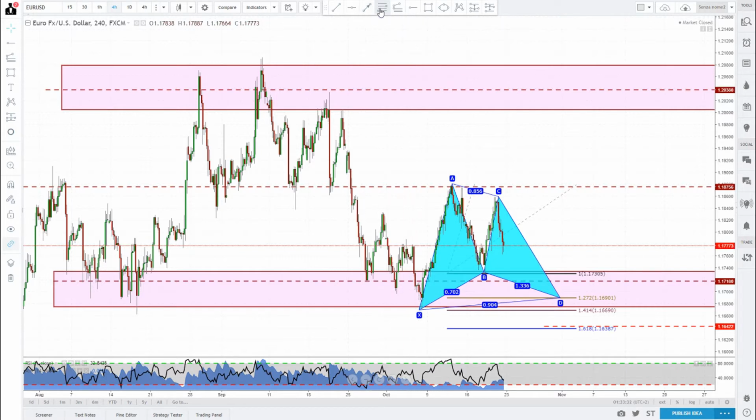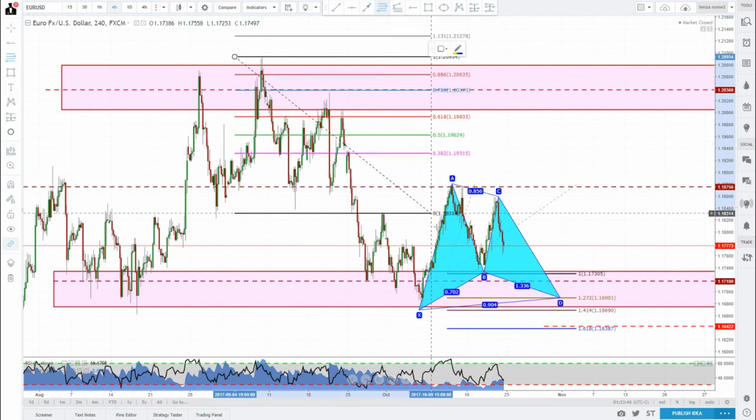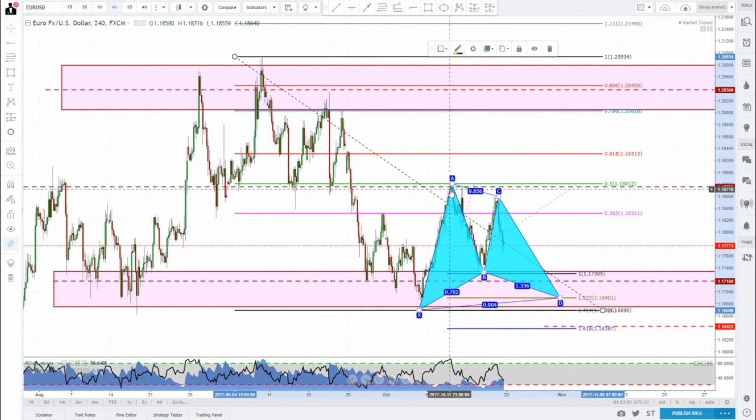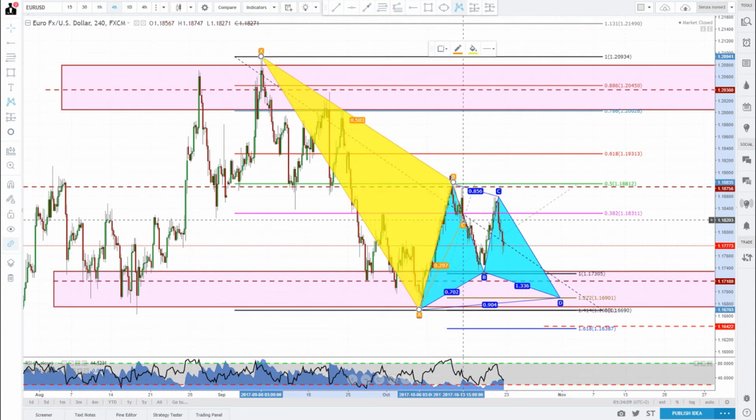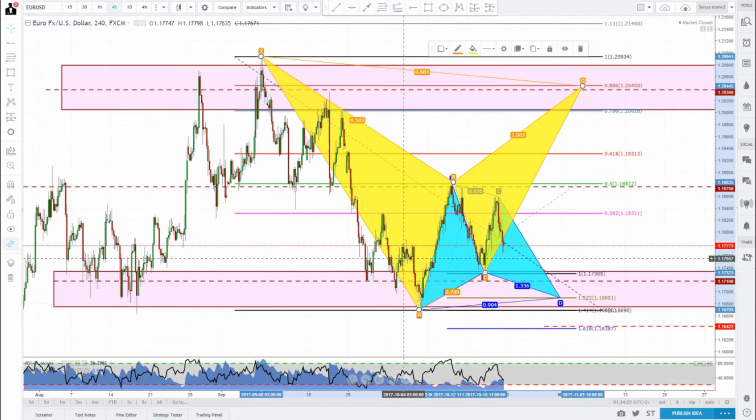And if we use another Fibonacci retracement from this highest point to the low, you will see the A point of the previous pattern is also the B point of a bigger Bat pattern. For Bat patterns, you only need a 38.2 retracement from B, and you can clearly see we have one now. So it is going to complete at the 88.6 retracement of the X to A leg.